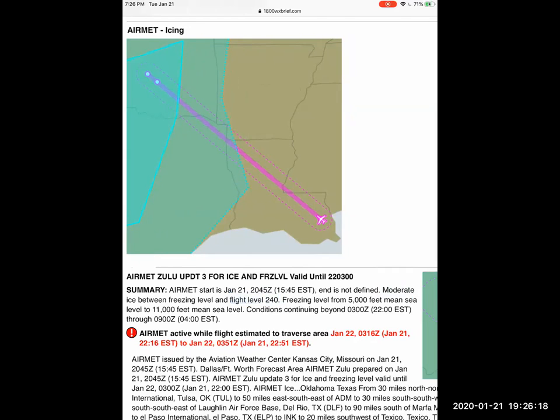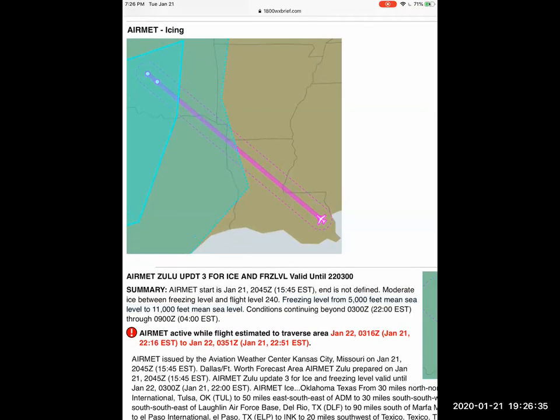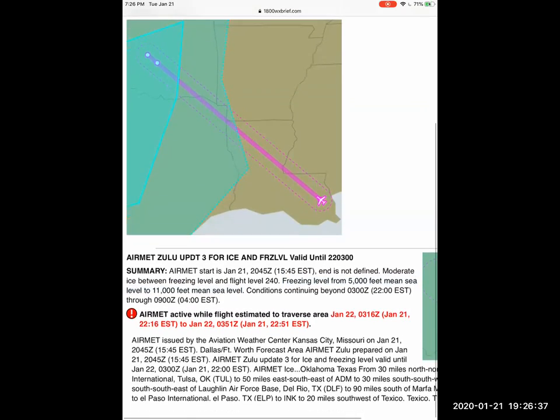In this case, the freezing level ranges anywhere between 5 and 11,000 feet mean sea level. And considering my proposed en route altitude of 6,500 feet, I certainly could encounter those conditions. The conditions are also expected to continue beyond 0300 Zulu through 0900 Zulu.